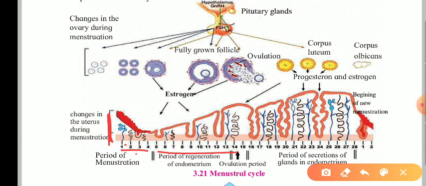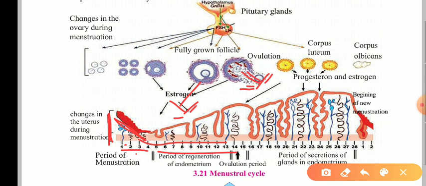You can see the amount of blood vessels increasing from here till here, meaning the uterus is ready to adopt the embryo. In that case, ovulation is also taking place simultaneously. Estrogen is released, produced by the follicle, which develops the uterus or makes it ready for the embryo, and at the same time ovulation is taking place.